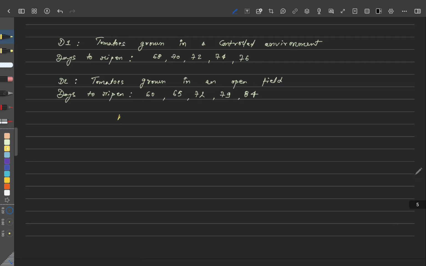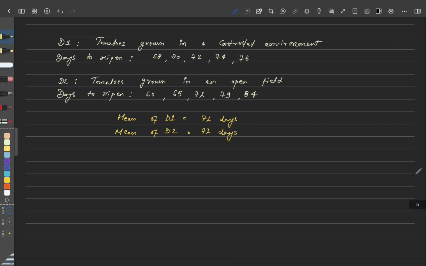So the mean of D1 is 72 days. On an average for data set 1, for tomatoes grown in a controlled environment, it takes around 72 days to ripen. The mean of data set 2 is also 72 days.